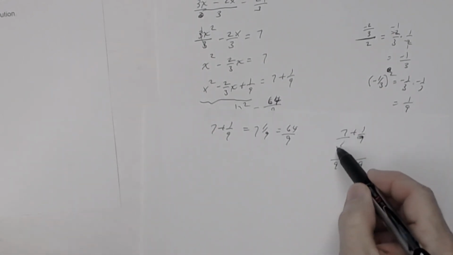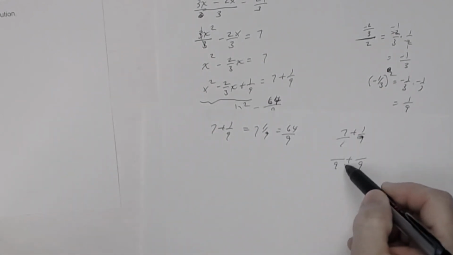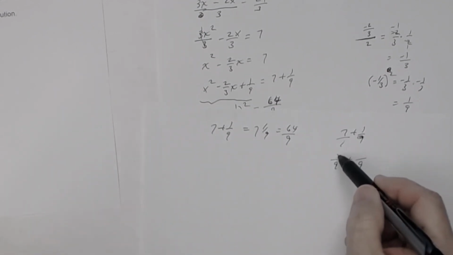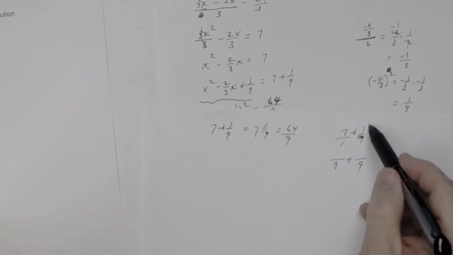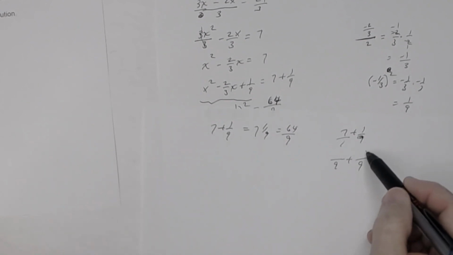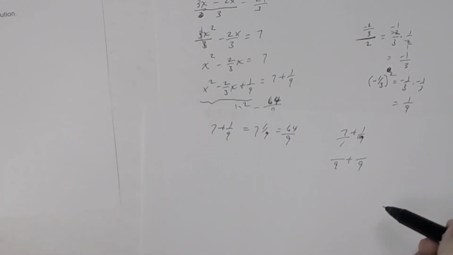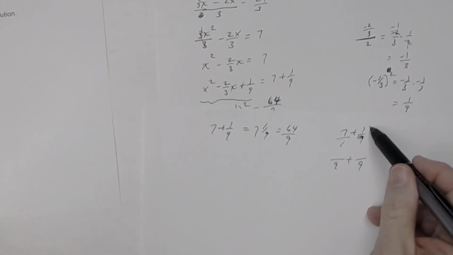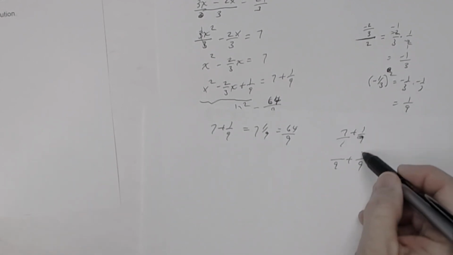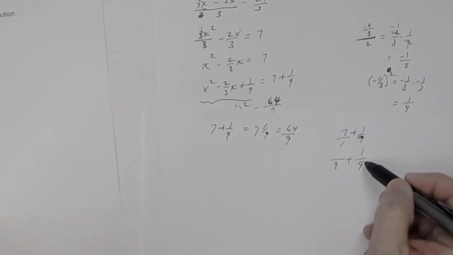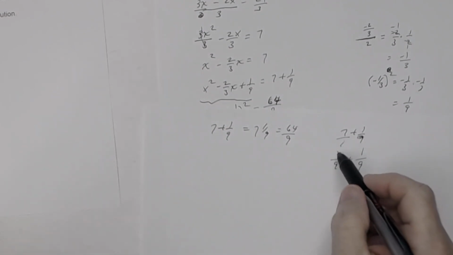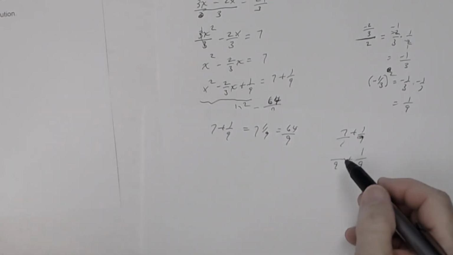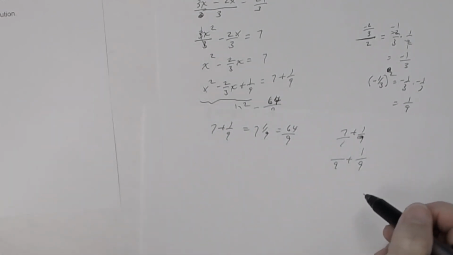So 7 divided by 1 is equivalent to what fraction with 9 as a denominator? And 1/9 is equivalent to what fraction with 9 as a denominator? Well, 1/9 is equivalent to itself. So 1/9, 1/9. 7 divided by 1 is equivalent to what fraction with 9 as the denominator?